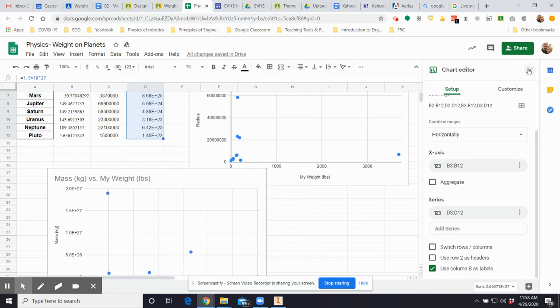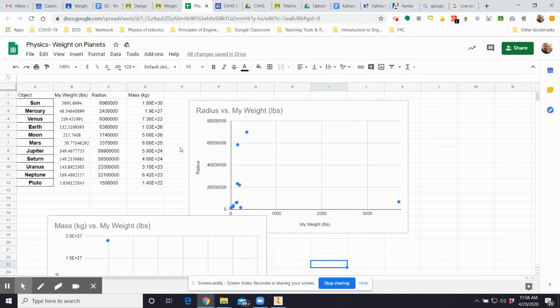So that's how you create a graph in Google Sheets. Please let me know if you have any questions, and I will talk to you soon.